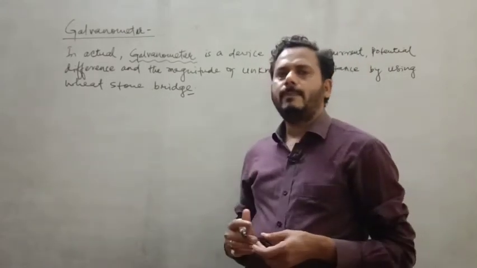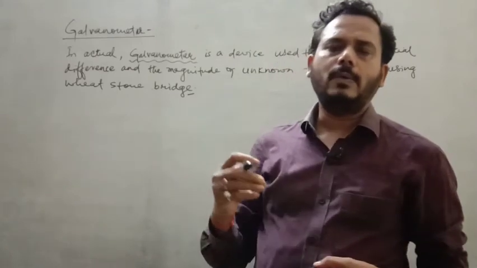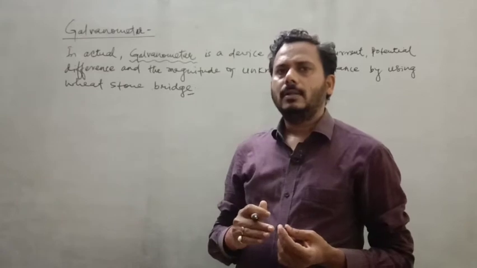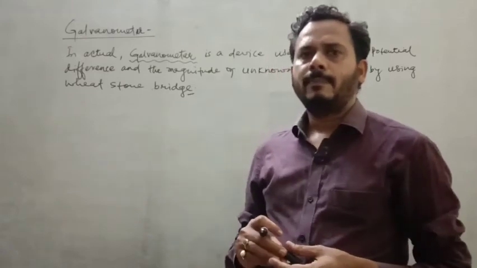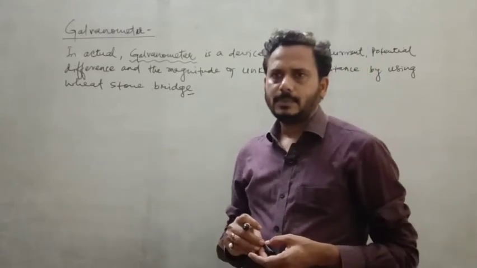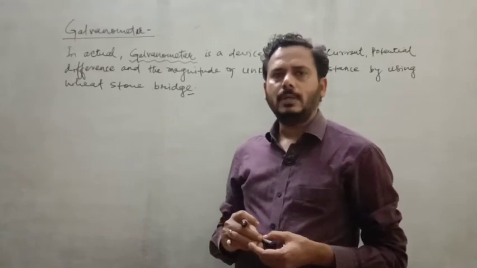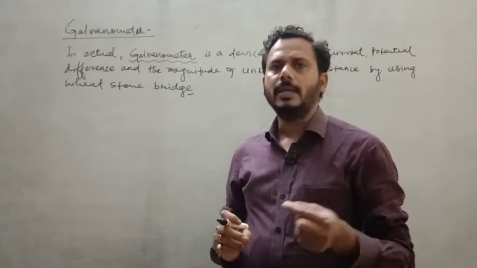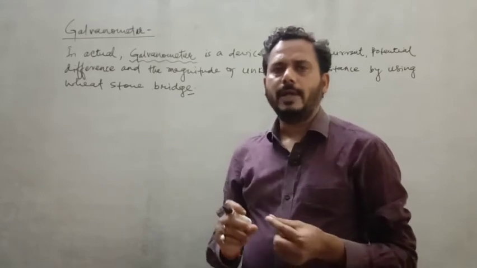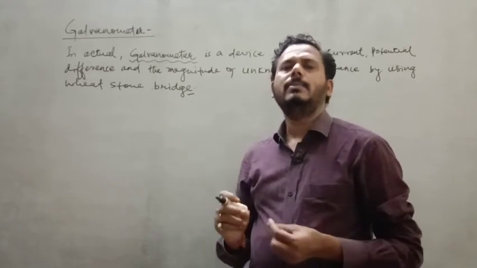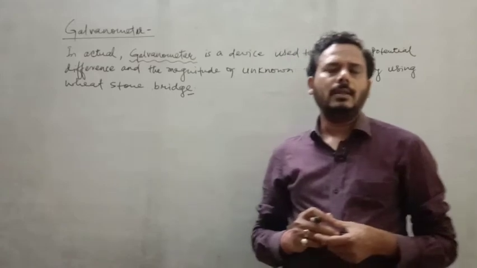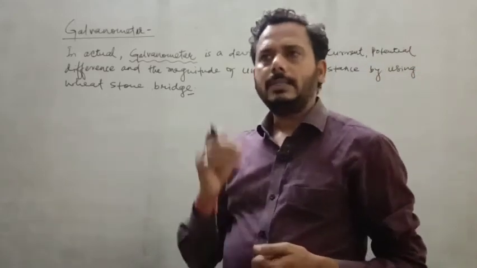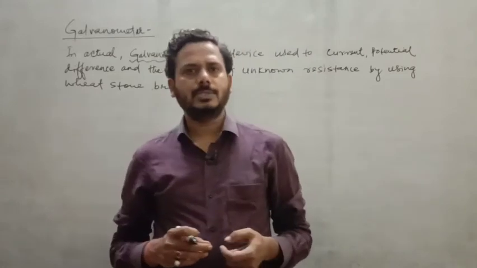When current passes through the coil, the coil produces a magnetic field, due to which the coil together with the magnet and needle gets deflected. The maximum deflection of the needle is 90 to 120 degrees, and there is a condition for its deflection.